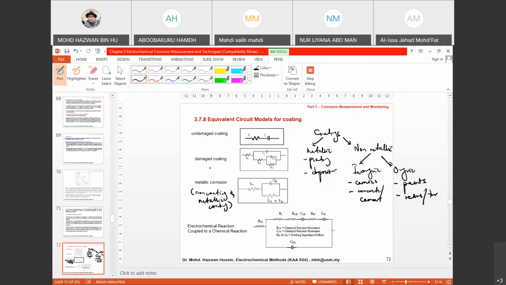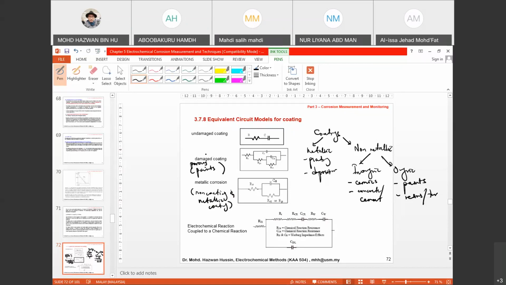Okay. Damaging coating over here normally happens if you have porous coating, for example paints, and others.